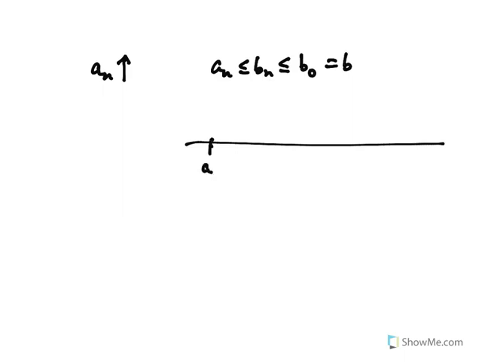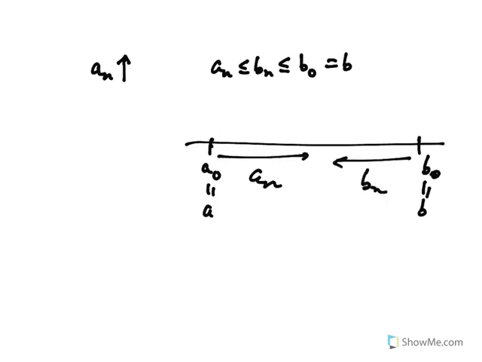So that's an increasing sequence, and it's certainly bounded above by bn, which is bounded above by b naught, or b, because the b's are going down. Let me draw you the picture. The a's are beginning at a, the b's are beginning at b, and the an's are moving up, and the bn's are moving down. So any one of the an's is bounded by the corresponding bn, which is bounded by b naught.